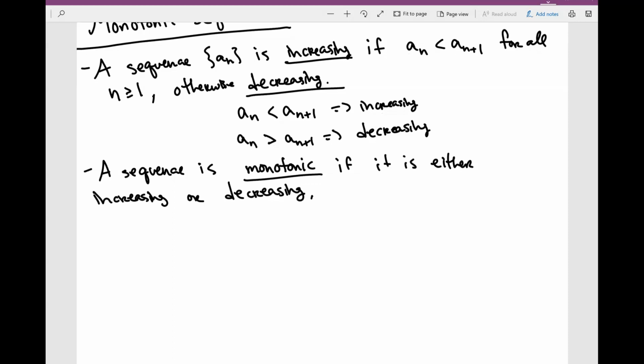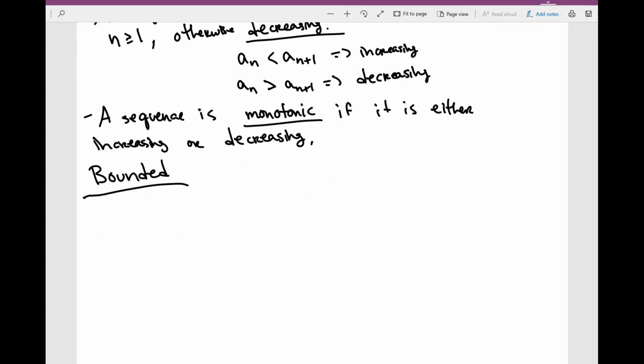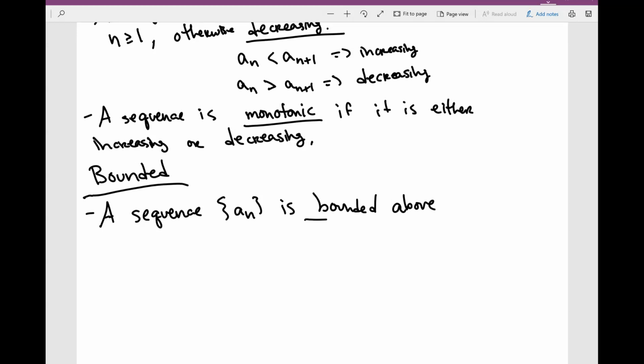Now there's something else that we call bounded, okay? So something might be bounded. And basically this is what a bounded sequence is. So a sequence a sub n is bounded above if there is a number m such that the following occurs.